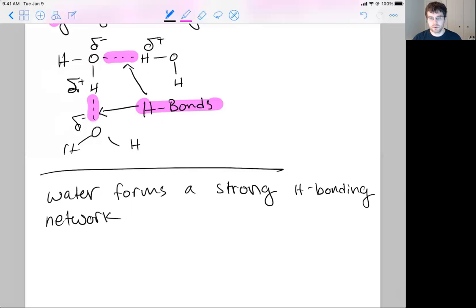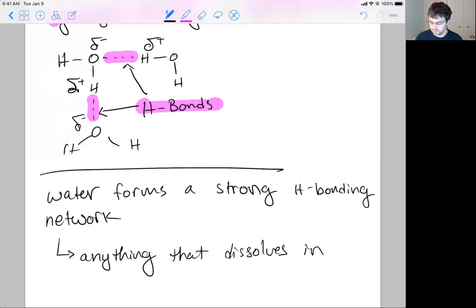Okay. With that in mind, as sort of a refresher, let's start to think about what happens when we add water to other things. So anything that dissolves in water is generally forming hydrogen bonds with that water.